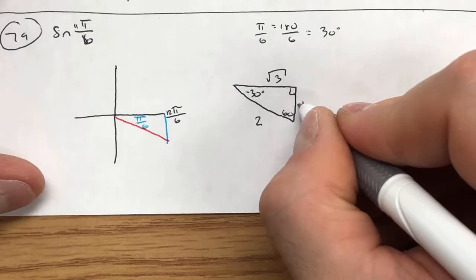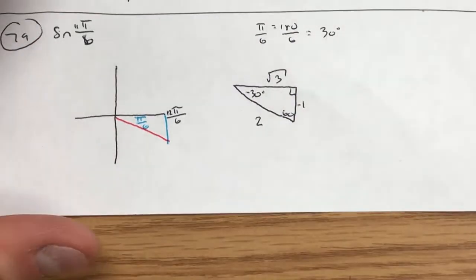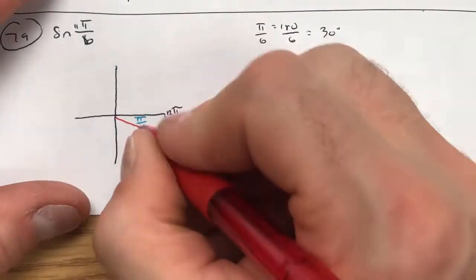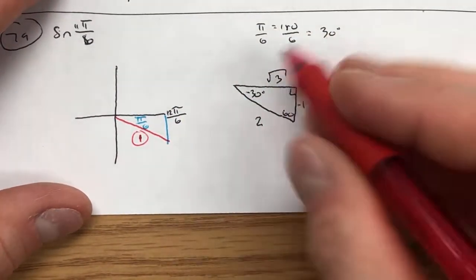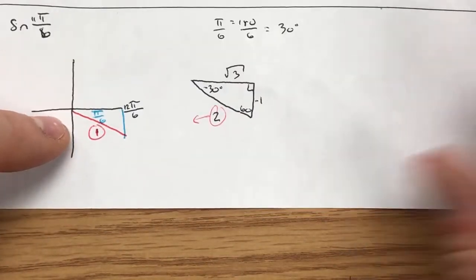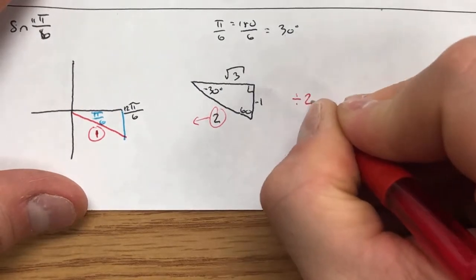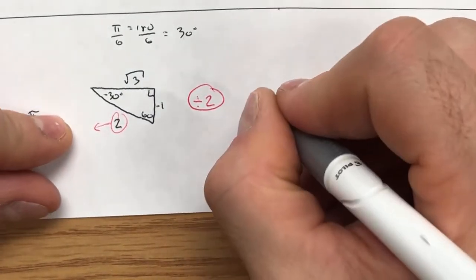In this case, a negative 1, because again, we're going down on the y-axis. Okay. Well, if this has a radius always of 1, how do I get this, which has a radius of 2, down to a radius of 1? Well, I divide everything on this by 2, and that will give me my actual triangle which we're going to use.